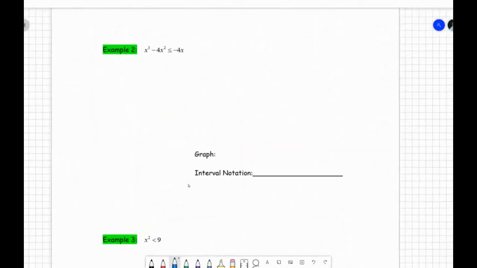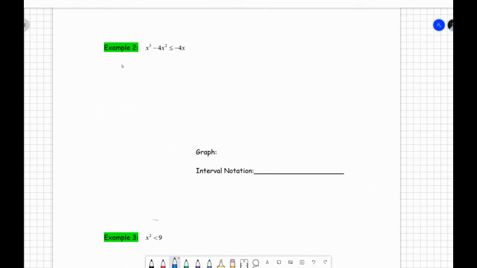Okay, let's look at another example. Same thing here. We're going to set equal to 0 first. So I just bring this over here. Set it equal to 0 to find boundary points.